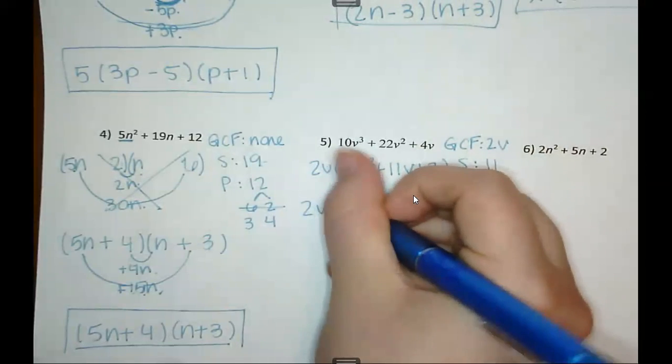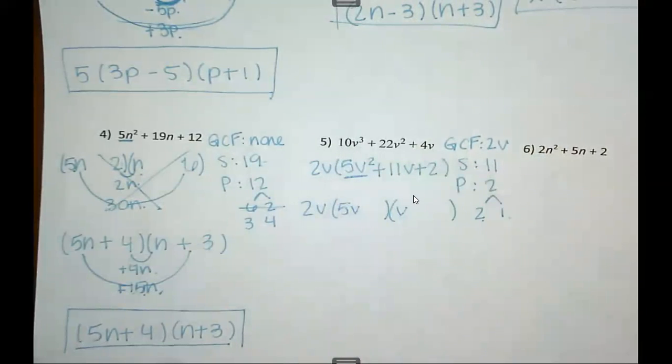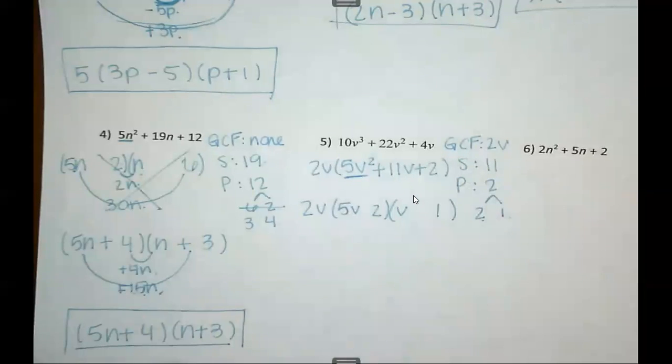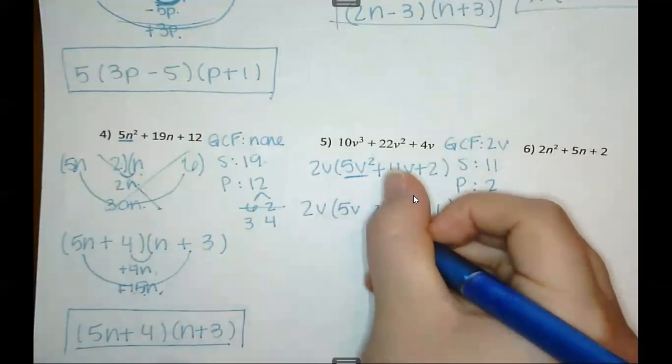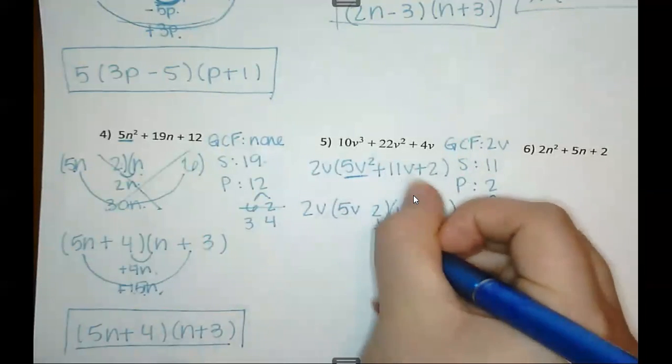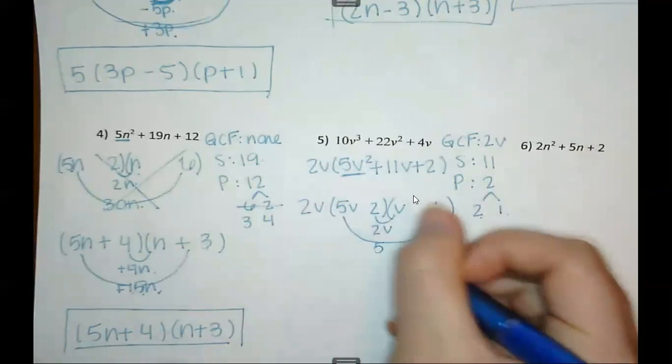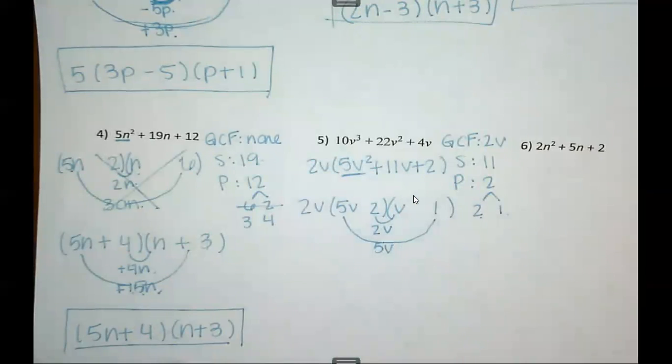So that would have to be 5V and V. And then we're going to have to try our 2 and 1. So 2 times V would give us 2V, and 5V times 1 would give us 5V. And 2V plus 5V does not give me 11.